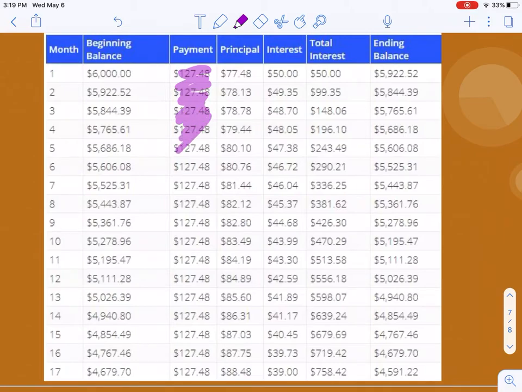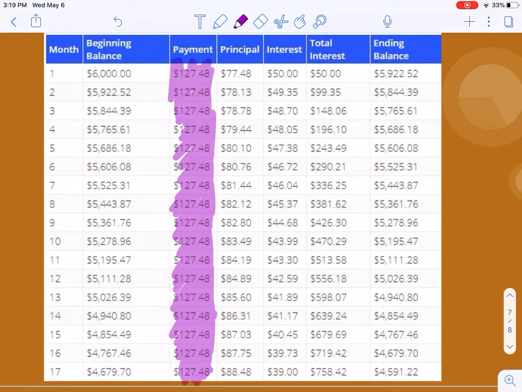So every month, the payment is $127.48. So in talking about budgeting, this would be really beneficial for your budget. You would write this in, and this payment doesn't change. It's fixed $127.48. And that's really the number you have to worry about as the person who's budgeting and making the payment back.